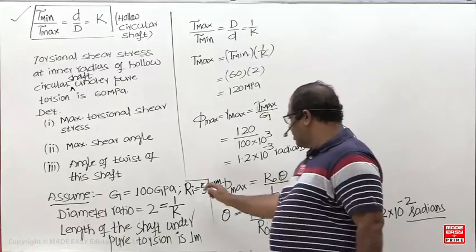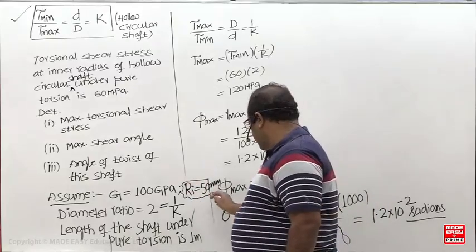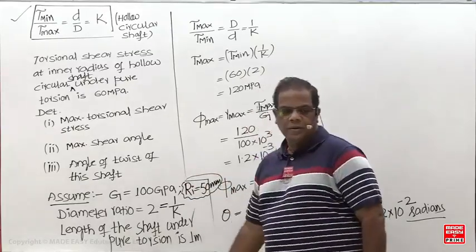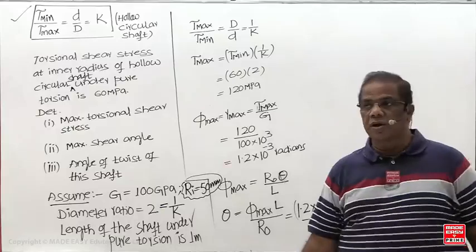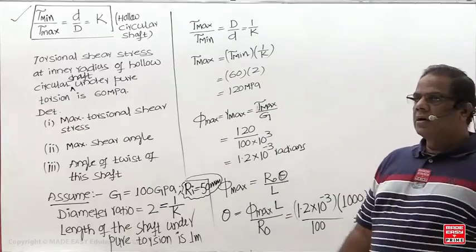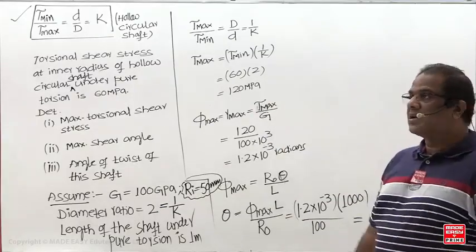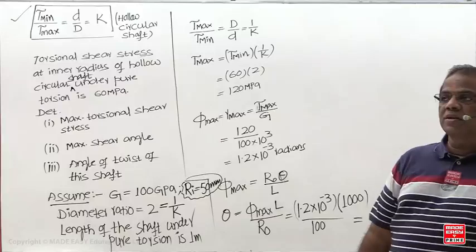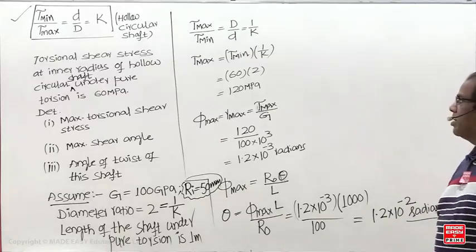So to calculate this one, radius is required. So make a small correction, already mentioned at the start. Probably at the end of the lecture I wrote tau max by tau min. It is not tau max by tau minimum, it is tau minimum by tau max.